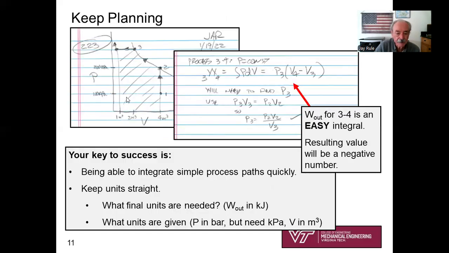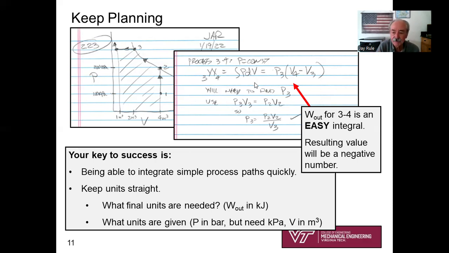Okay, let's see. 3 to 4, constant pressure process. We're going to go right back to it and write it down in our solution. The work from 3 to 4 is the integral from 3 to 4 of PdV. Wow, this one's really easy. This is an easy integral, isn't it? Because P is constant, I will pull that out of the integral.